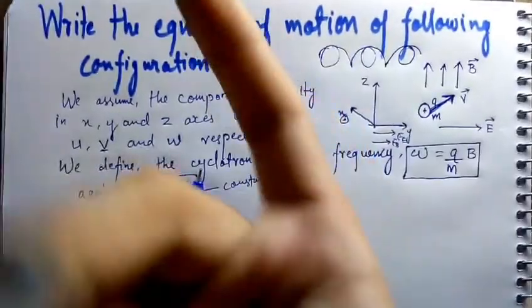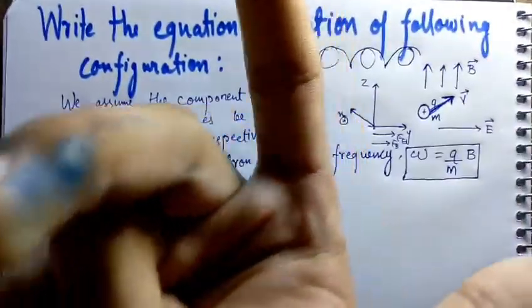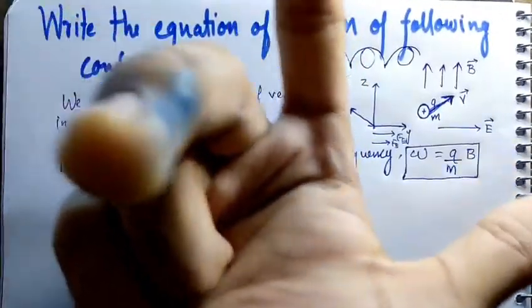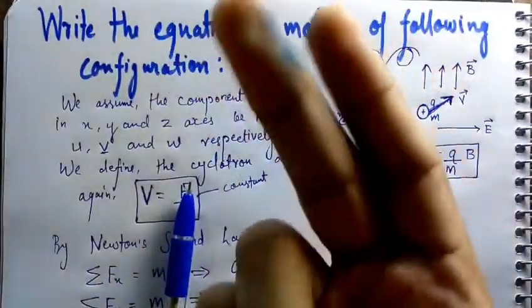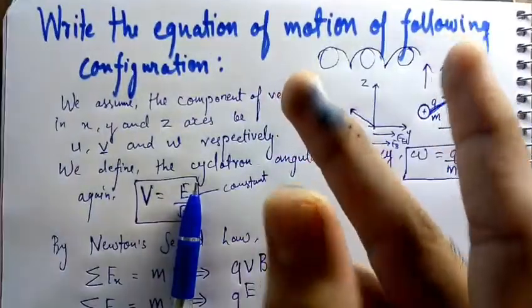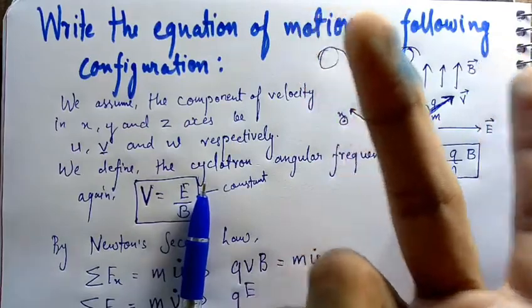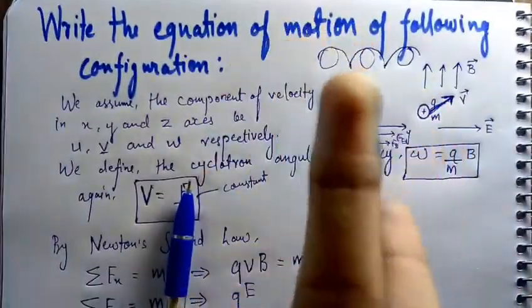The force we are considering is in the y direction, so my thumb must point in y. Now these two fingers are still not oriented properly. The middle finger represents the magnetic field, so it must point here.